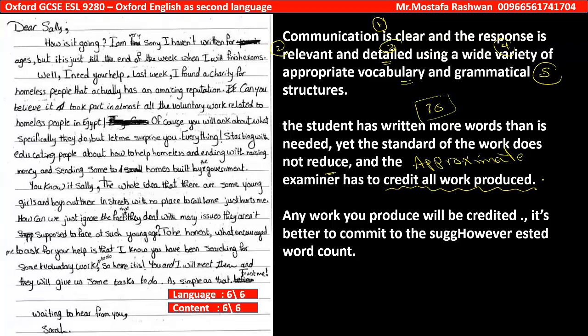It means that you will be marked and rewarded based on all that you write, even if you exceeded the word limit. However, it's recommended to commit to the suggested word count.